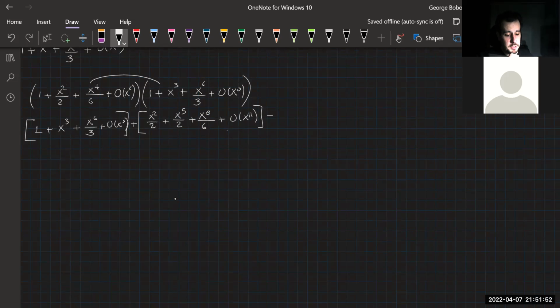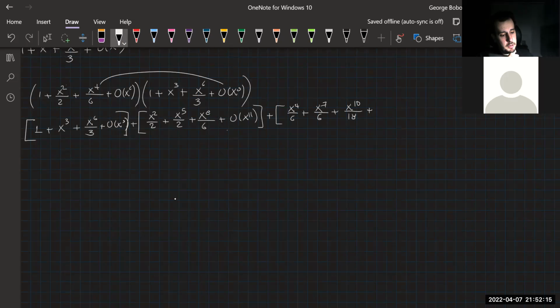And we're going to rearrange them again in order of increasing power. So next one here, x to the 4th over 6, x to the 7 over 6. Okay. x to the 10 over 18. And then other terms of power 13.